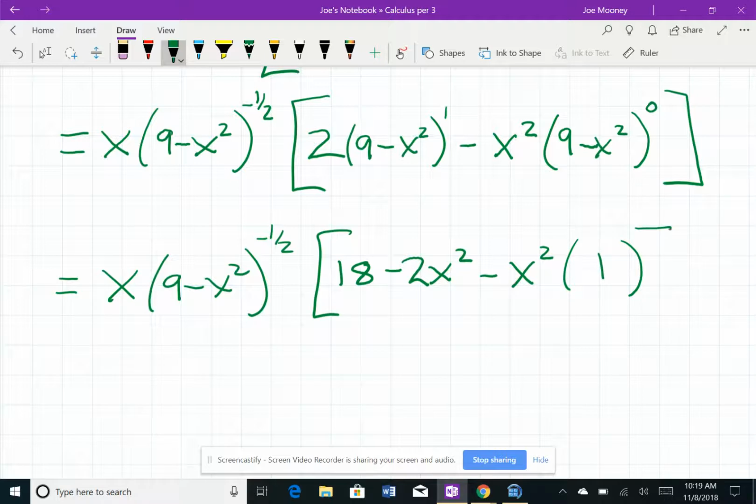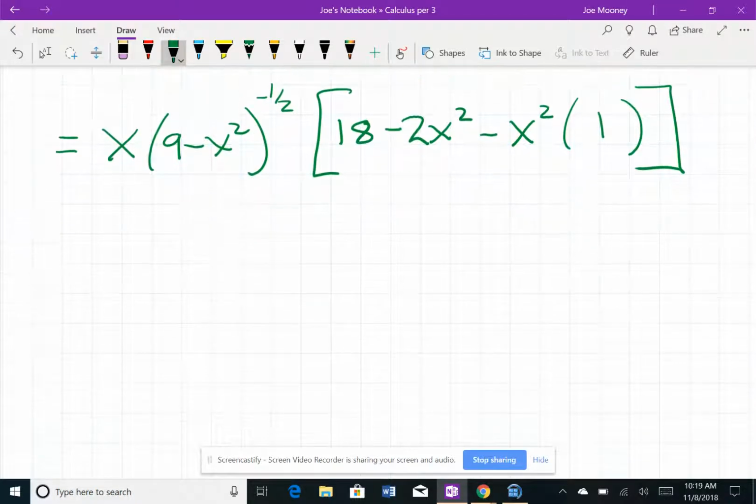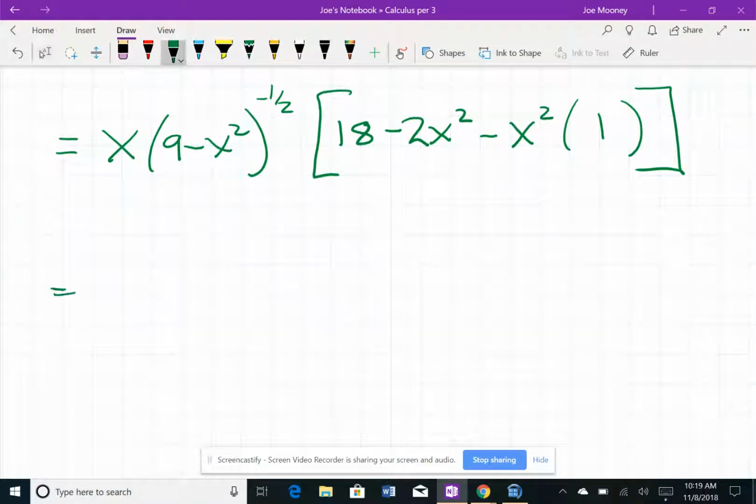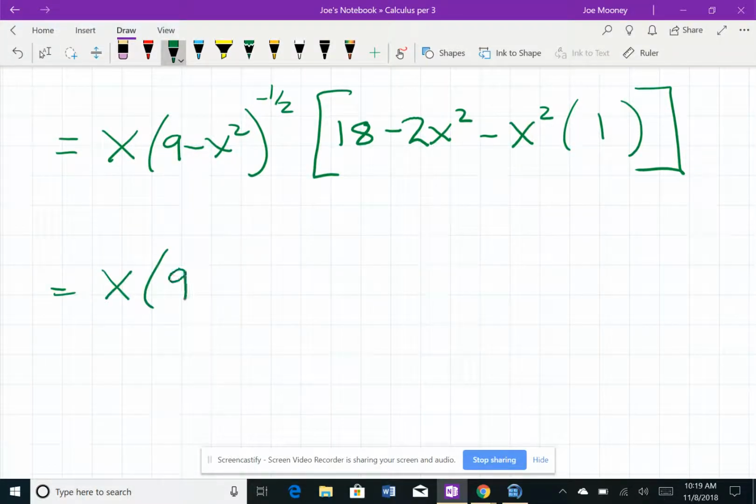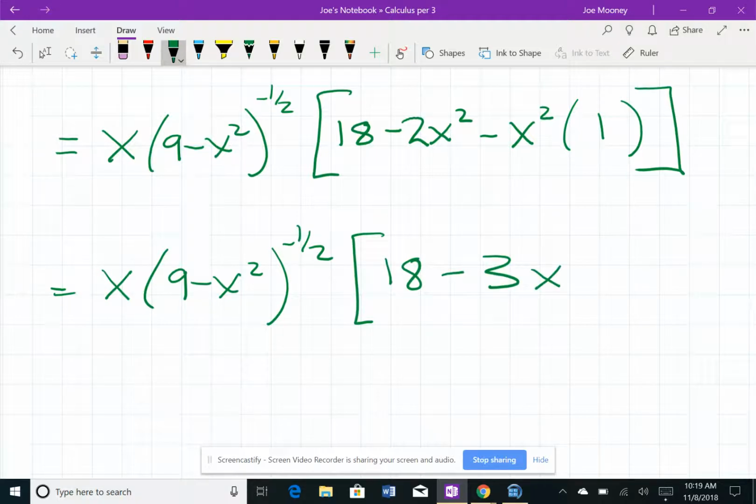Anything to the power of 0 is 1. Let's keep going. So now you've got x times (9 minus x squared) to the negative 1/2 power. I've got 18 minus 2x squared minus another x squared. So I have 18 minus 3x squared.